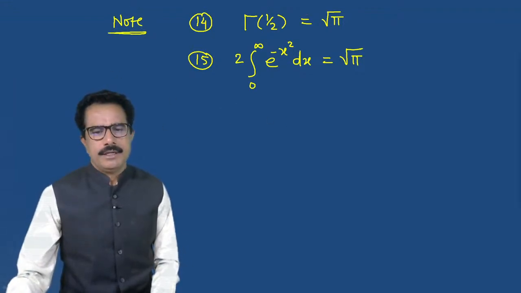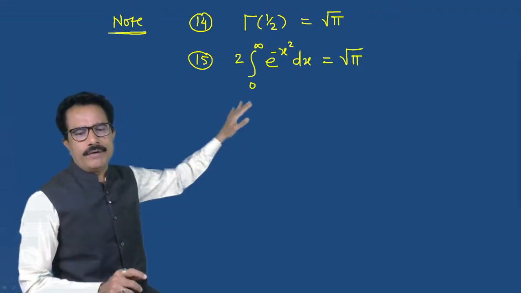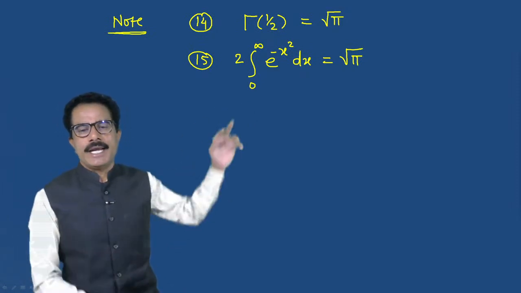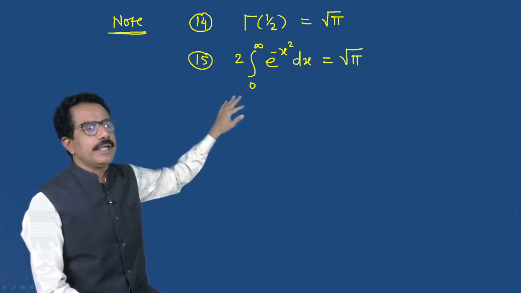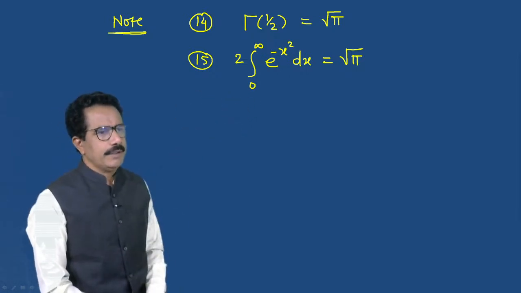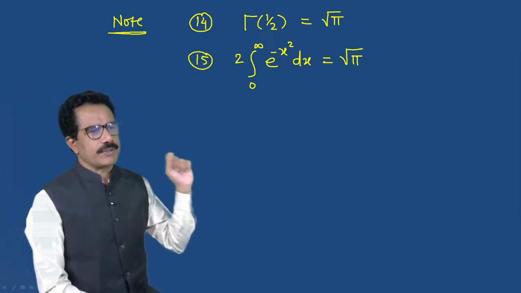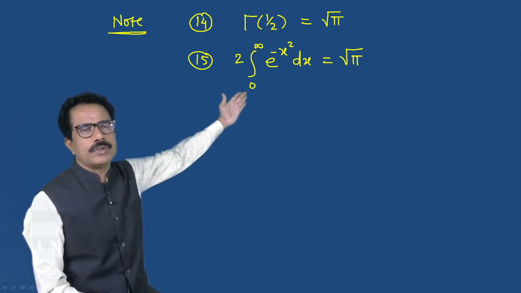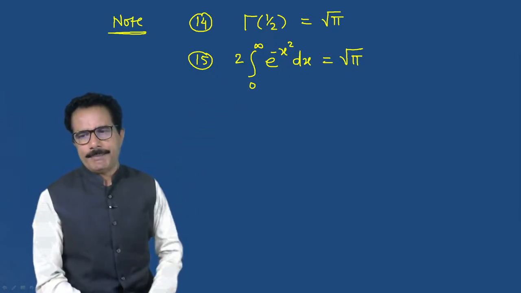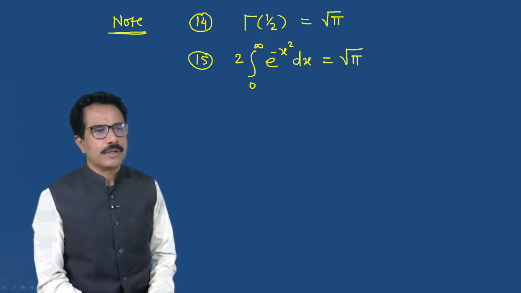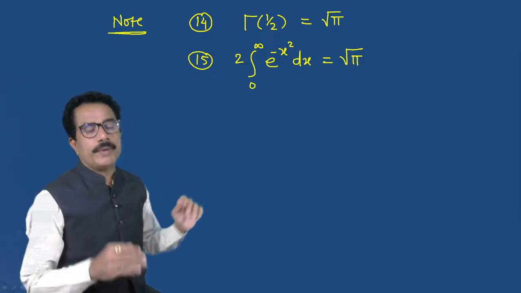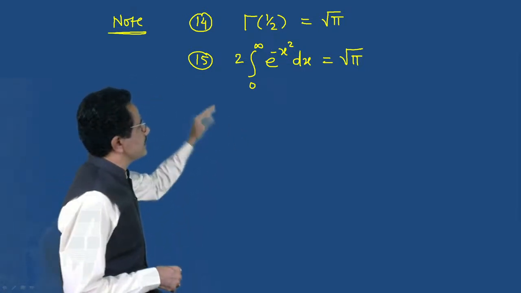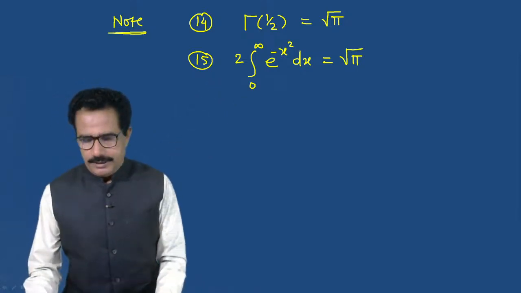So we can write 2 times the integral from 0 to infinity of e raised to minus x square dx; the value of this integral is also denoted by root pi. Now first of all, before starting the beta function, we shall discuss the problems based on the gamma function.